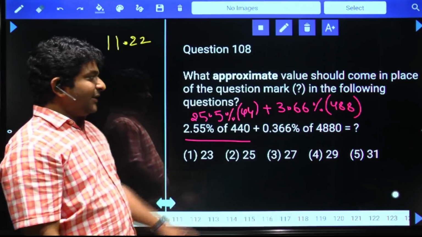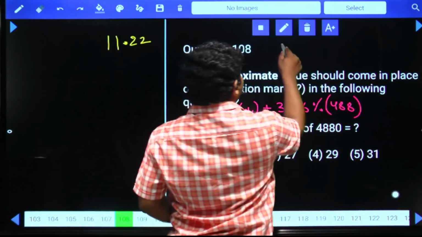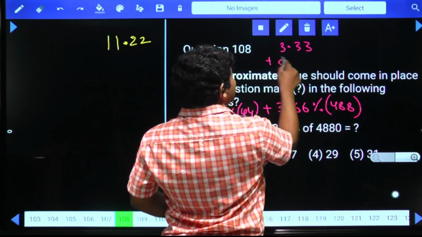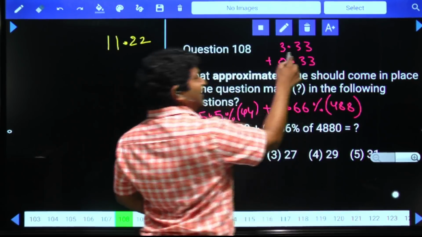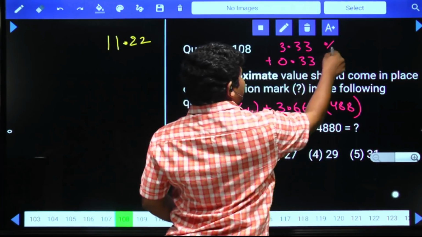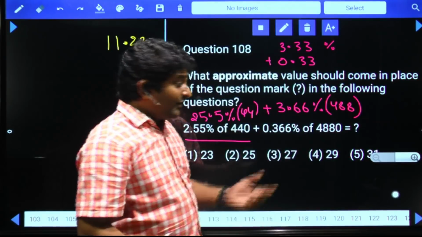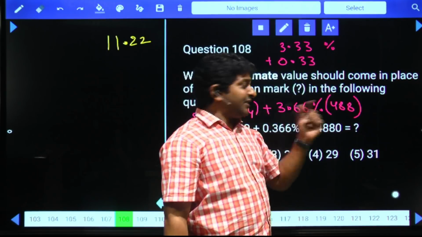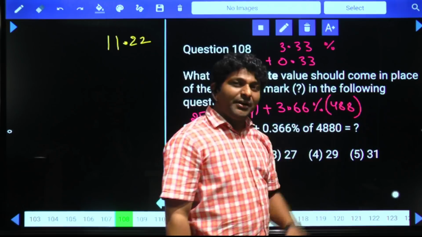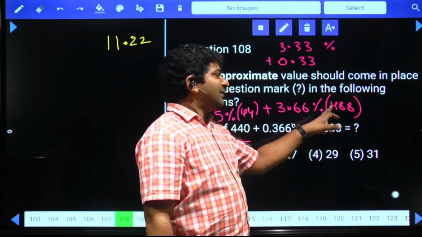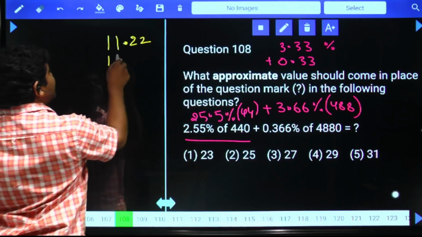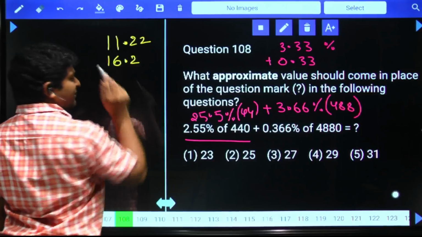Keep it aside. 3.66 I will treat it as 3.33 plus 0.33. 3.33% in the sense 1/3. 10 percentage and then one third, that is equal to 3.33. 10 percentage in the sense 48.8. One third of that number, that is equal to 16.2 something.